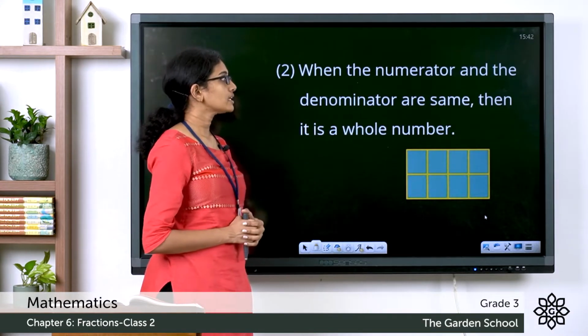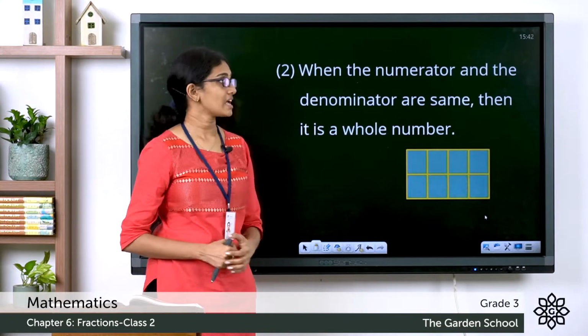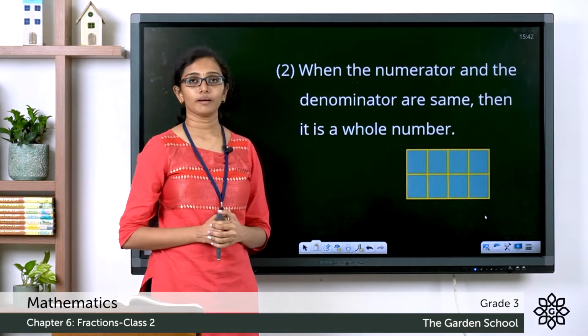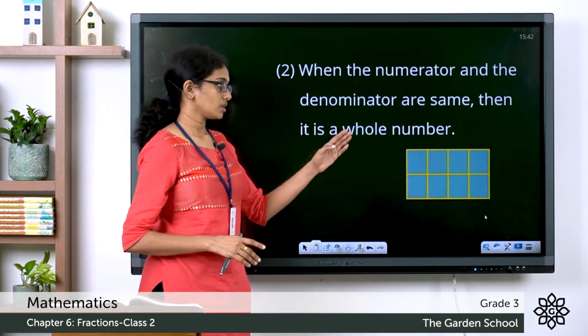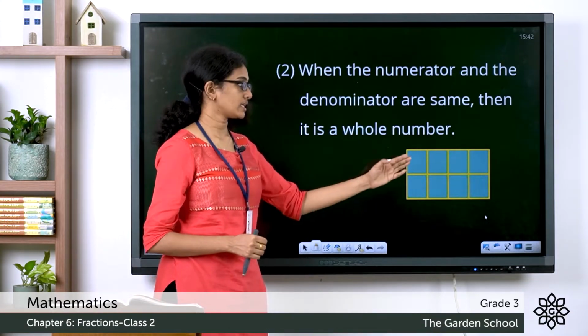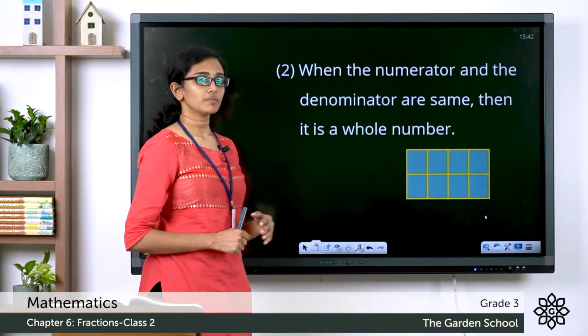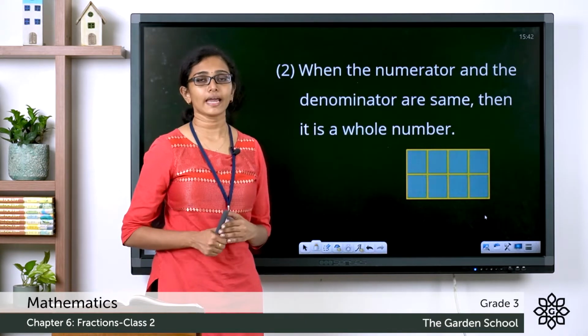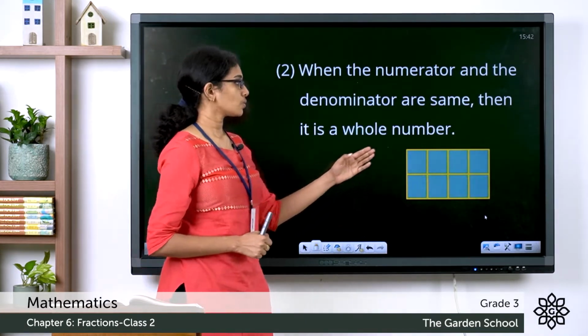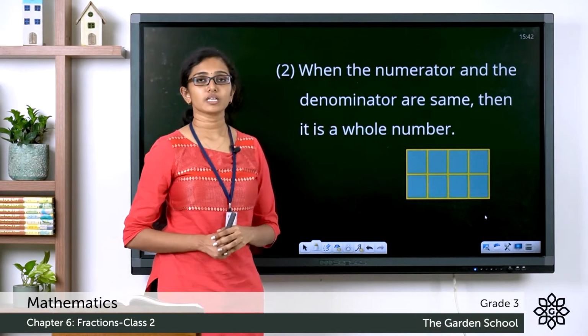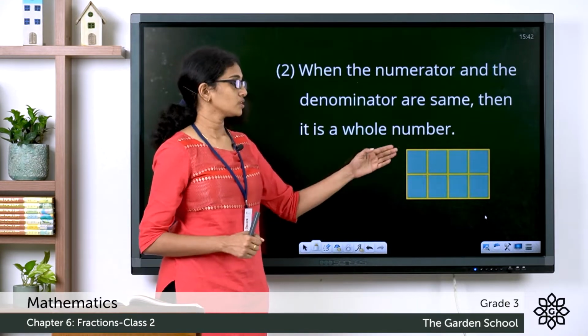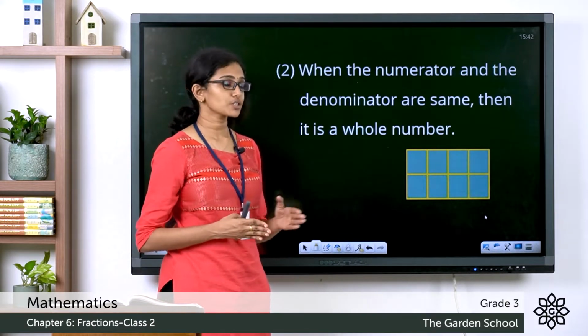When the numerator and the denominator are the same, then it is a whole number. Means what? The same picture, a rectangle divided into 8 equal parts. So each part will be 1 by 8 or 1/8 of the whole. So all the 8 equal parts are shaded here. So what is the fraction of the shaded part?